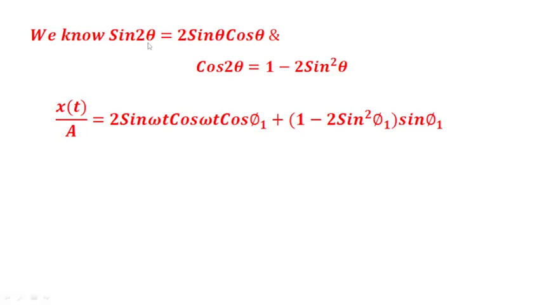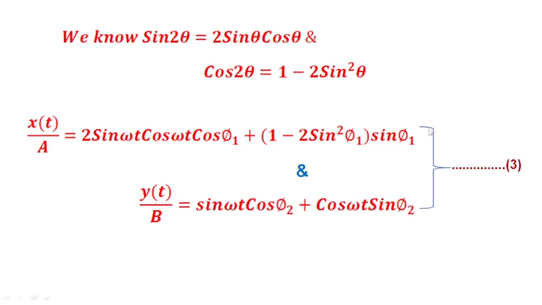We know sine 2 theta is equal to 2 sine theta into cos theta and cos 2 theta is equal to 1 minus 2 sine square theta. So x by a is equal to twice sine omega t into cos omega t into cos phi 1 plus bracket 1 minus 2 sine square omega t bracket complete into sine phi 1.